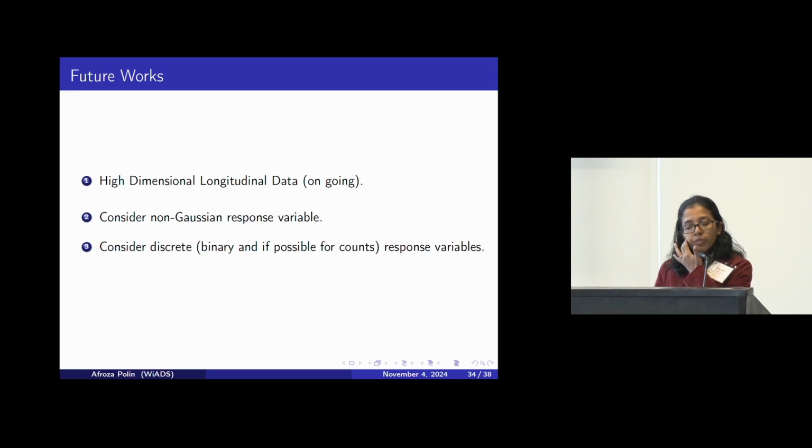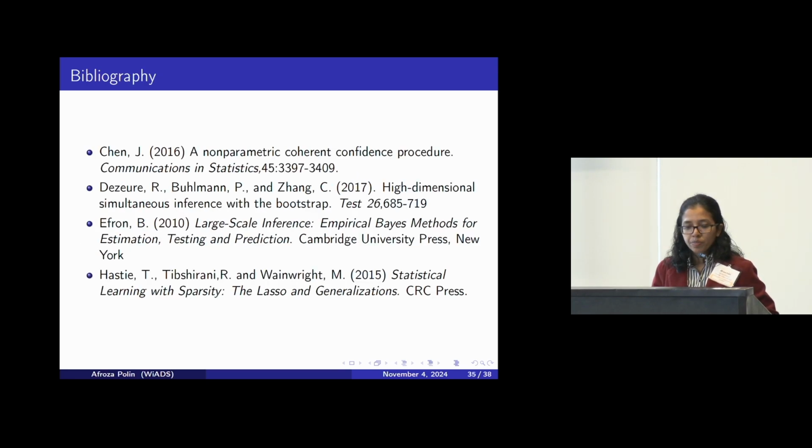For binary responses we usually use logistic regression, and in this case, for longitudinal data, we need to use generalized estimating equations. And then we need to adjust the effect for the high dimension. So I think I'm close to that. Any questions?